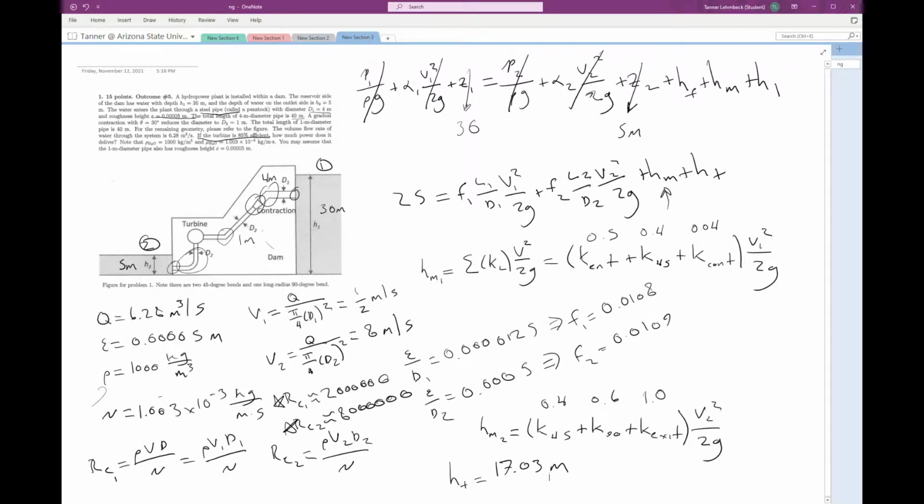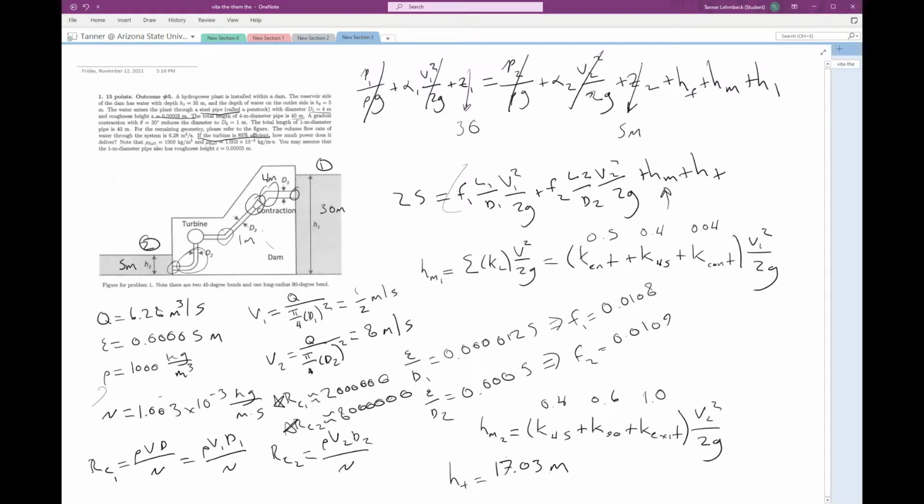So this value is a head value, right? What I really want, remember, I'm trying to find my power output by my turbines, how much power my turbine is harvesting from this energy flow. So what I want to do is convert this value in head to a value in watts or kilowatts.